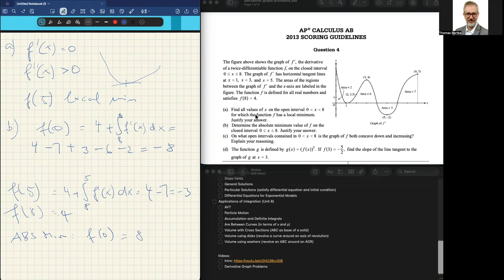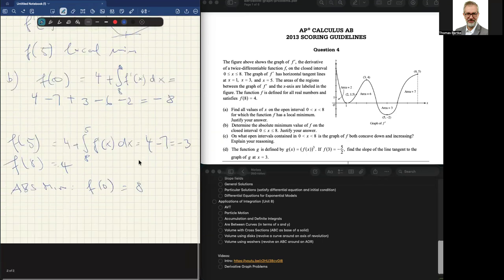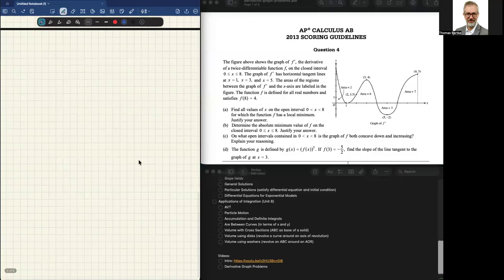All right, scroll up here and go to number C. On what open intervals contained in 0 to 8 is the graph of f both concave down and increasing?